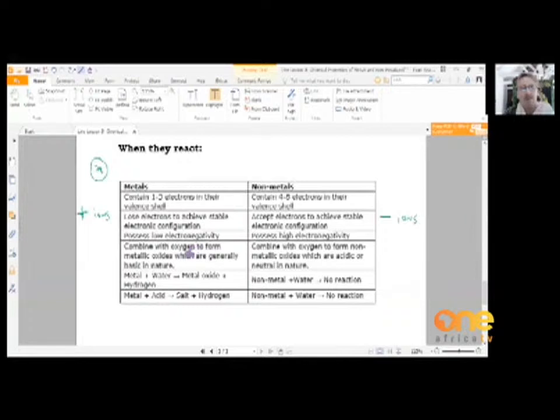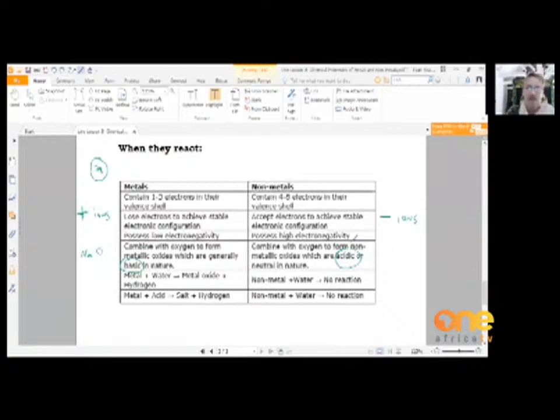Metals combine with oxygen to form metallic oxides. These metallic oxides are basic in nature, while non-metals generally form acidic oxides. If you think about sodium oxide, it's alkaline, while hydrogen, wrong example here.